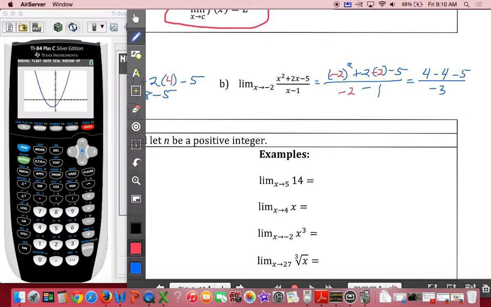So the 4 minus 4 cancels, and you're left with negative 5 over negative 3, which reduces to 5/3.